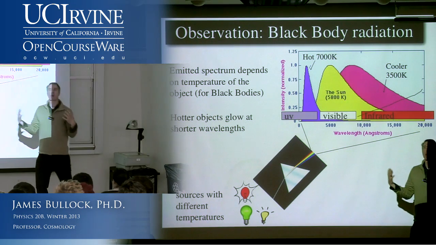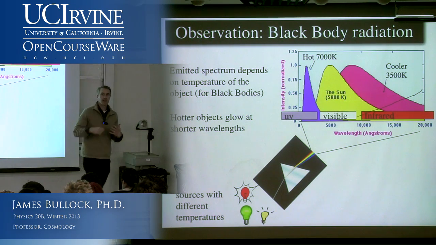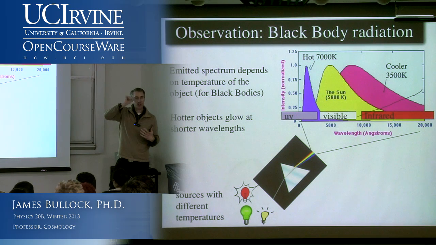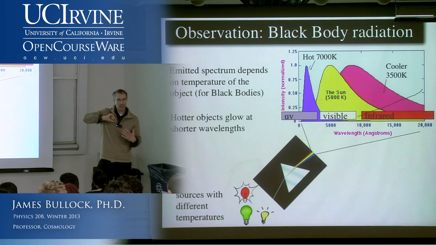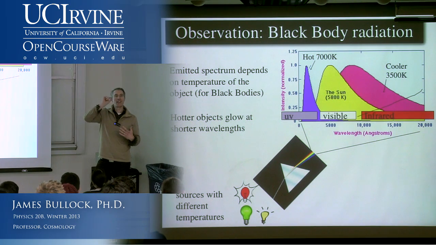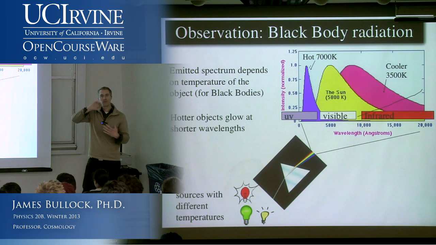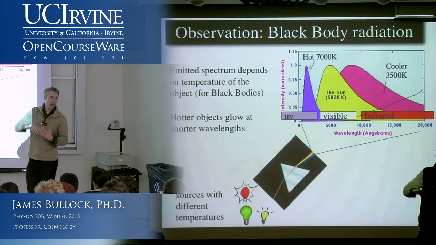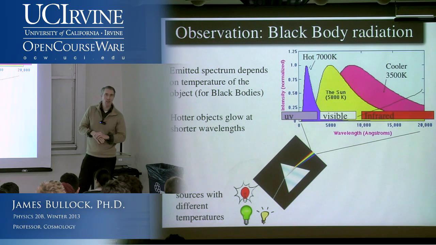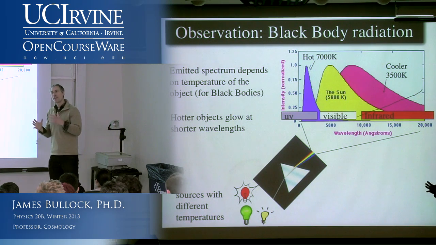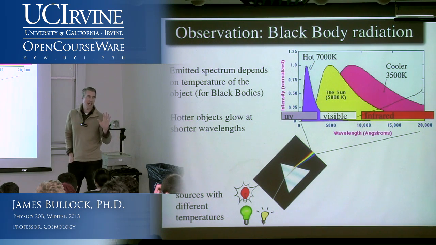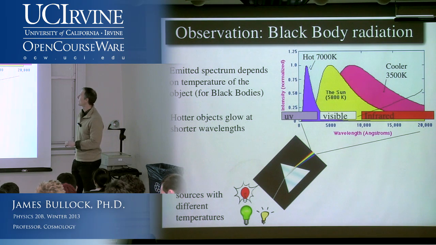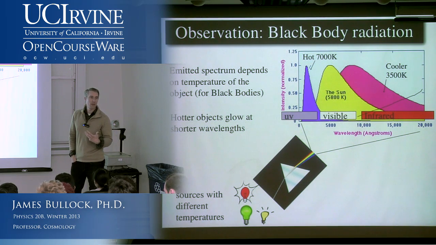You might think about this qualitatively as making sense: if it's hotter, the objects are jiggling back and forth faster, and maybe that means higher frequency and therefore shorter wavelengths. It turns out that kind of approach doesn't work exactly, but I think it's a reasonable qualitative way to think about it.